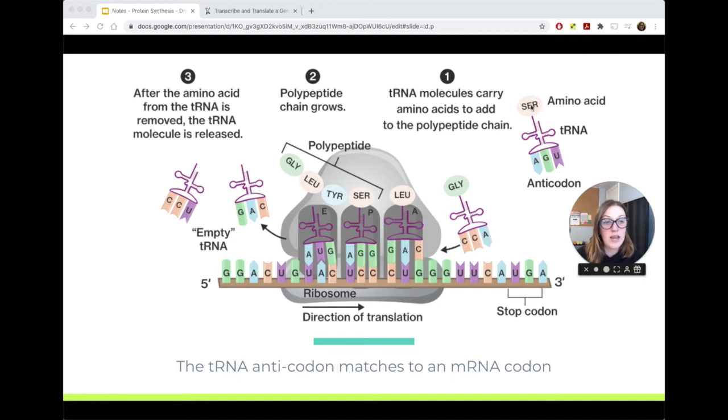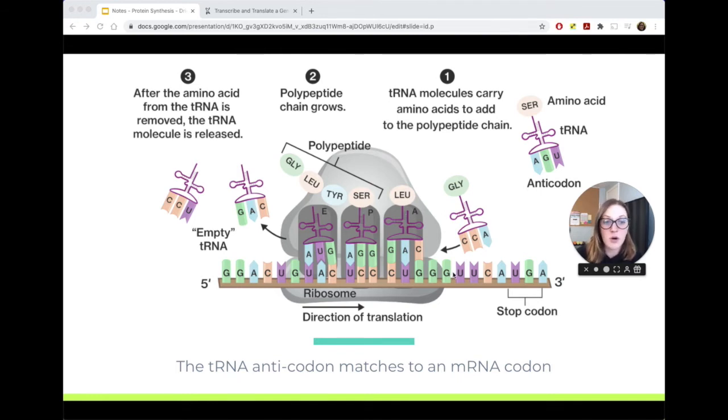If you were to translate UCA into the amino acid language, you'd see that it does code for serine as the amino acid. So the tRNA carries the specific amino acid based on the sequence. And this all has to do with a complex series of chemical attractions between the ribosome, the mRNA, and these tRNA molecules, so that it attracts the correct tRNA and therefore the correct amino acid.